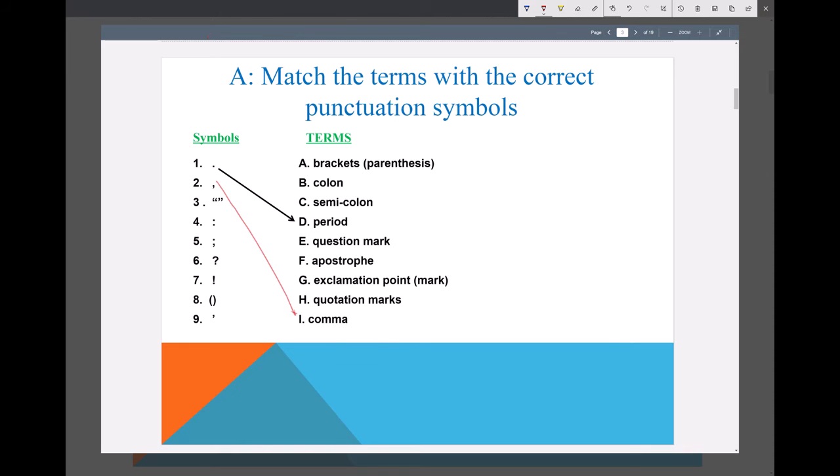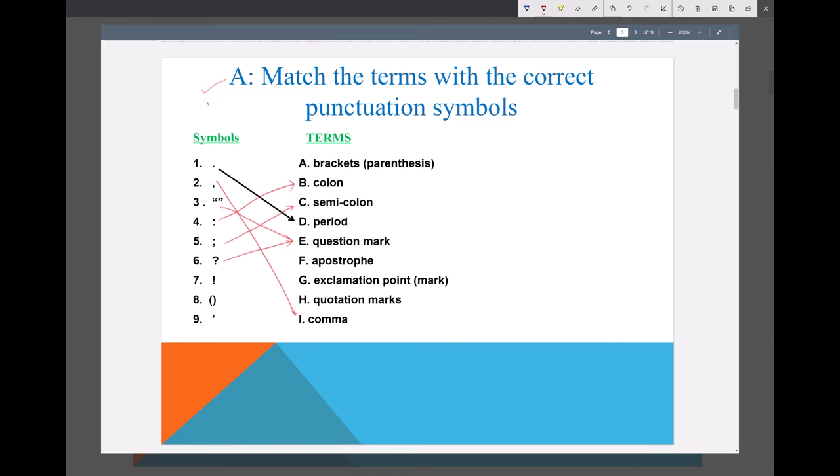Okay, the third one. It's a quotation mark. Okay. Number 4, it's got 2 dots. Oh, that's... Where is that? That's the colon. Number 5, it's got a dot and a comma. Semicolon. Okay. Number 6, I know. That's a question mark. Okay.